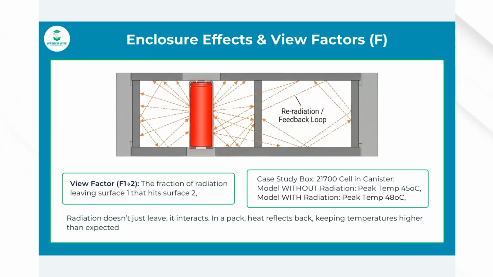In battery design, a 7 degree margin is quite huge. That difference can determine whether you pass or fail a UL certification test, or whether your thermal management system meets its warranty life. So the lesson here is that in tight packaging, you cannot just toggle radiation on and walk away. You must also account for the geometry, the view factors.